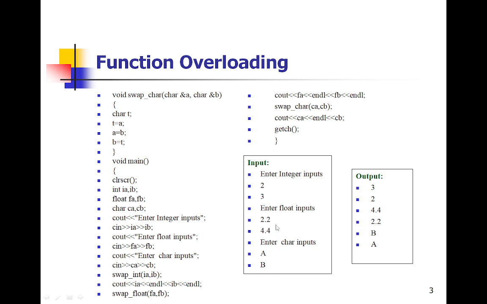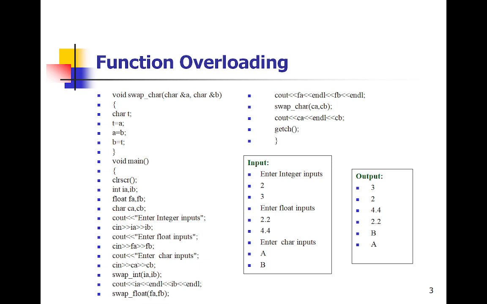After that we call the functions, swap float, swap int, and so on. Whenever a function is called, control switches over to that corresponding function, which performs the swapping of the two values received from the user, and then displays them.